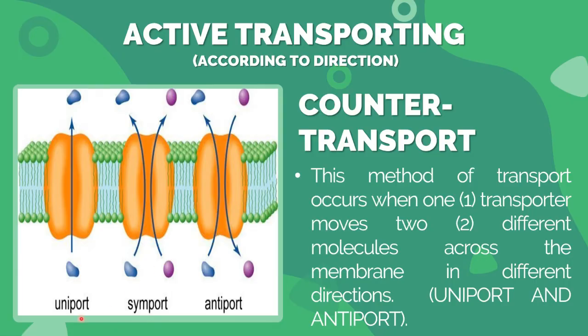Dito po sa mga antiport natin, meron mga molecules na lalabas at meron din pong mga molecules na papasok. Ang kaibahan lang po dito is yung mechanism na nagpapagalaw sa kanya. Kasi mostly dito hindi na po mga ion pumps. Pero dito po, tinatawag na natin yung mga symporters, uniporters, and antiporters. So that is for what we call counter-transport.